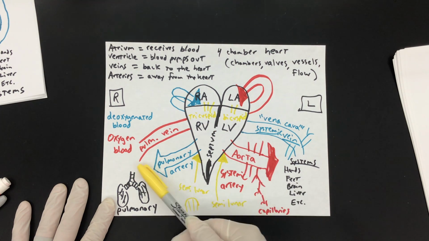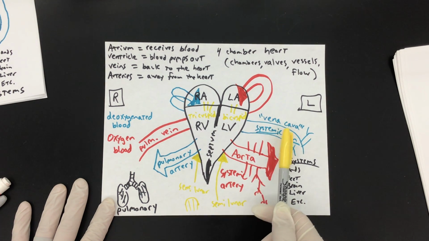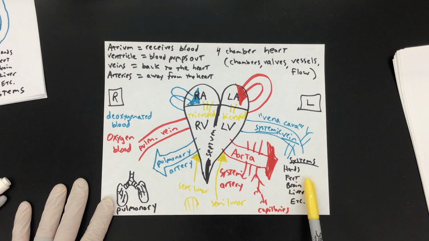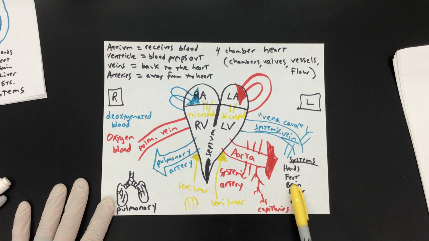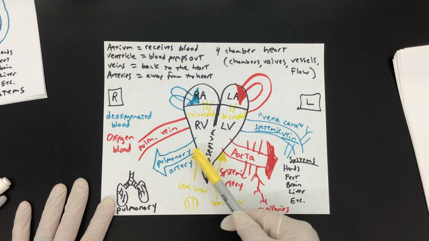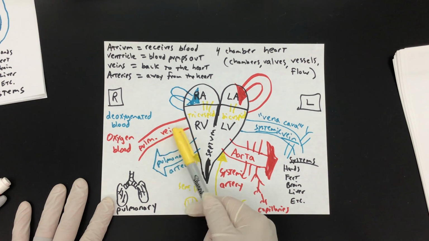Okay? Now, notice here you have a vein that is carrying oxygenated blood. Most veins don't carry oxygen because most veins are coming from organs that have used up the oxygen. So most veins we think of as blue because they're deoxygenated. But here is a vein that is red and it's oxygenated.